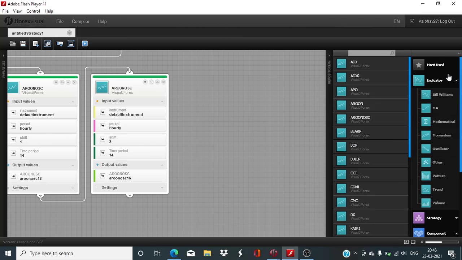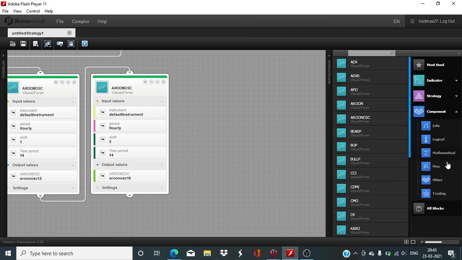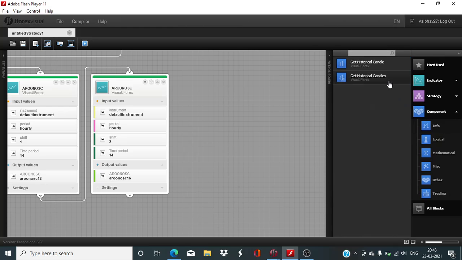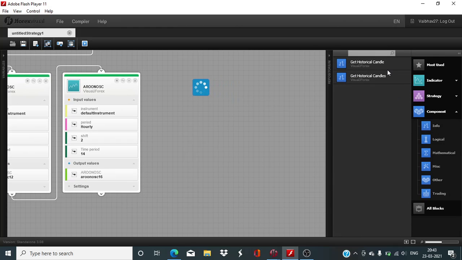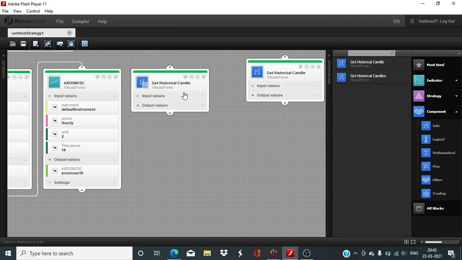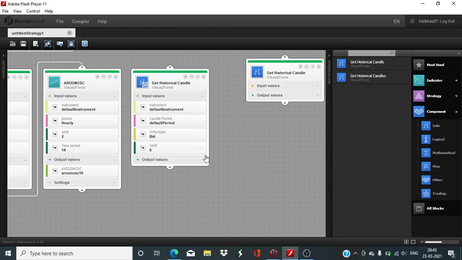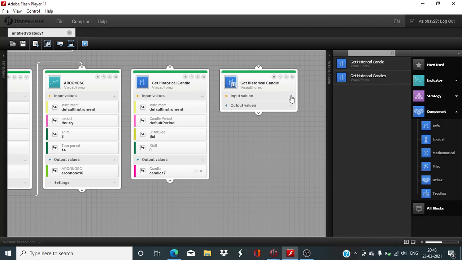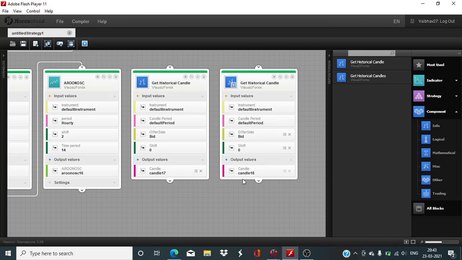Then we will have to take historical candle blocks. For that I will have to take a look, and here are these historical blocks. Here also we will have to change the shift values. All other parameters will be the same.